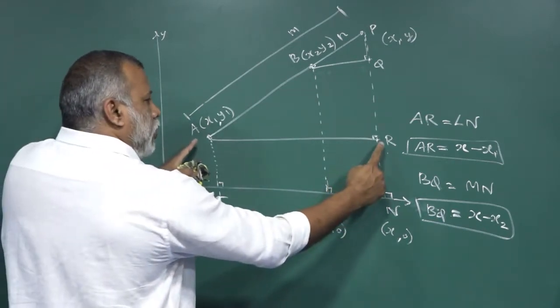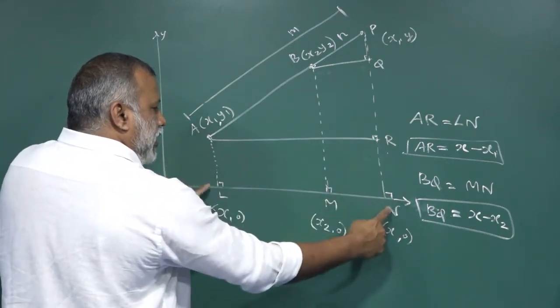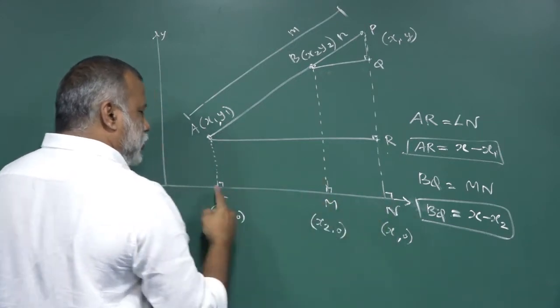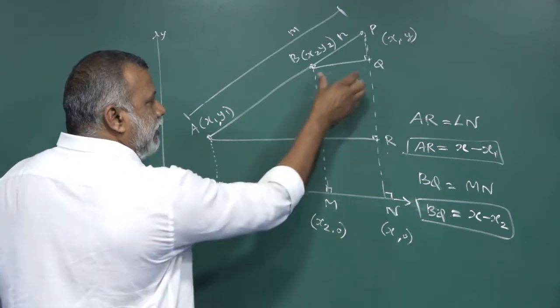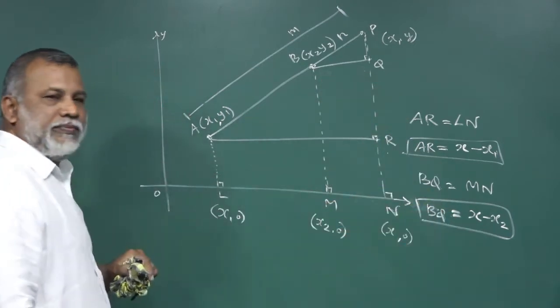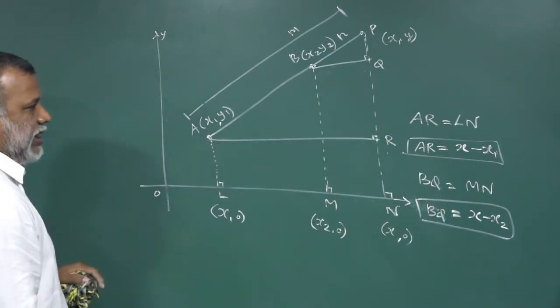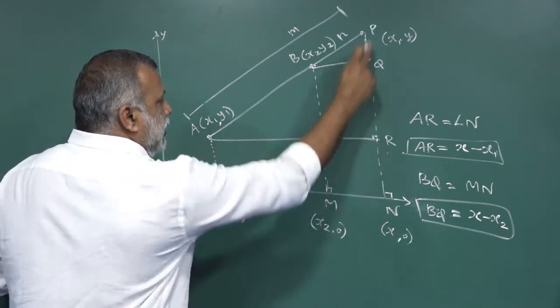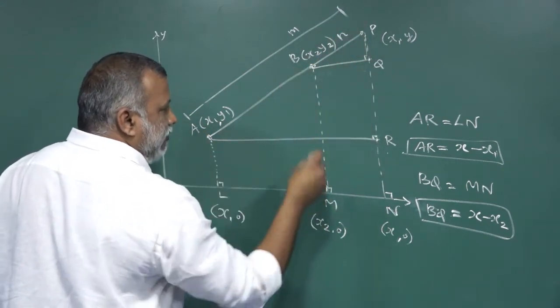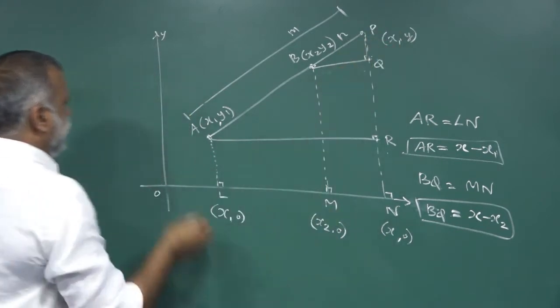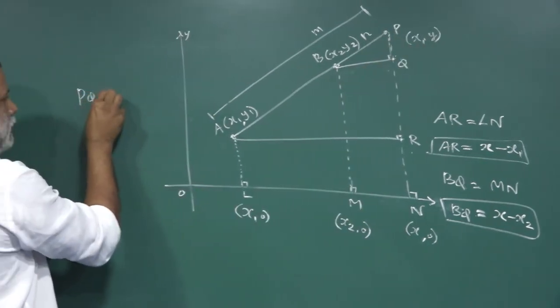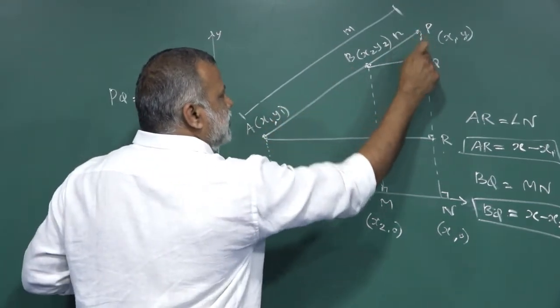So we are able to work out AR. The AR is the distance ON, and we have to remove this OL, so X minus X1. In the same way, BQ we have worked out. Now for other distances, see, this is the right angle triangle here. We need PQ. How are we able to work out PQ? In this triangle, we need this distance PQ.